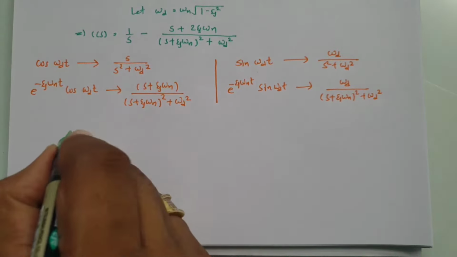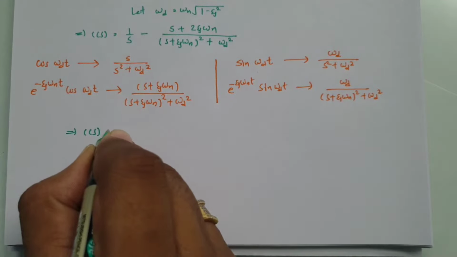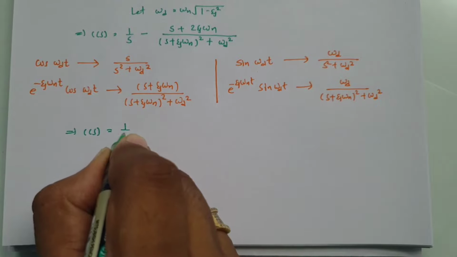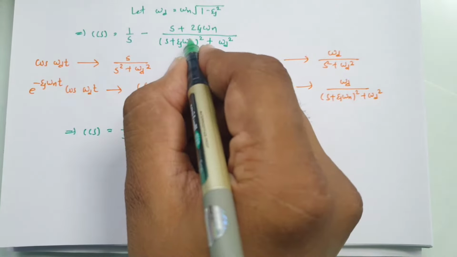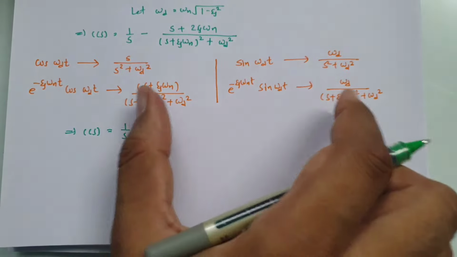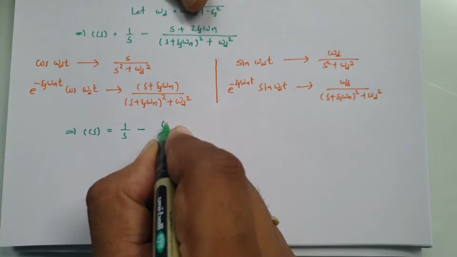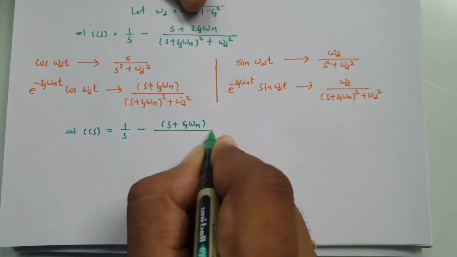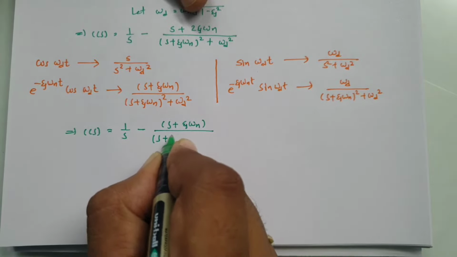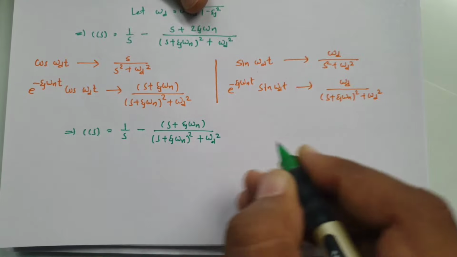So you see now my output c of s is 1 by s minus, now what I'll be doing is I'll separate out this term into these terms. So minus of s plus zeta omega n divided by s plus zeta omega n whole square plus omega d square, right?